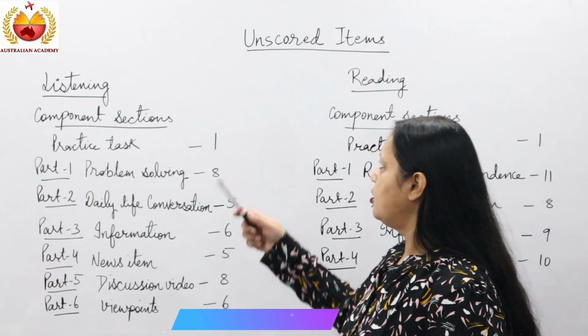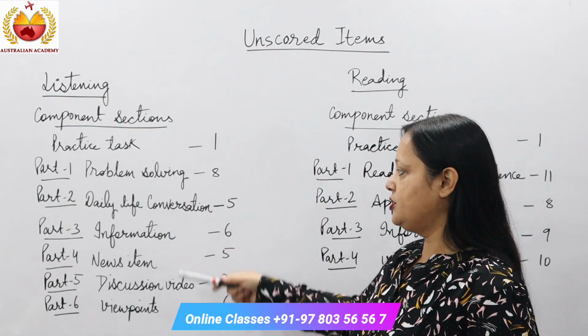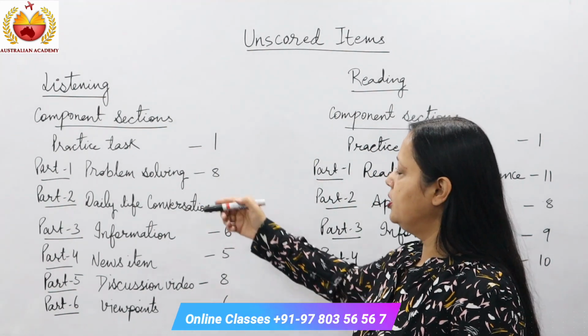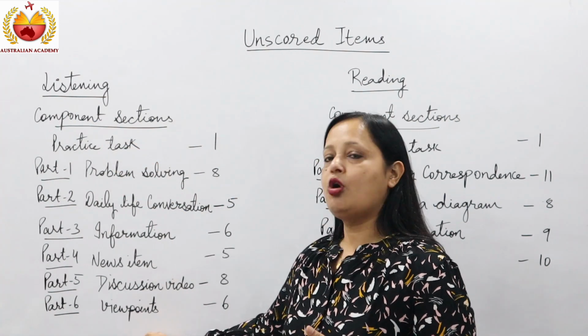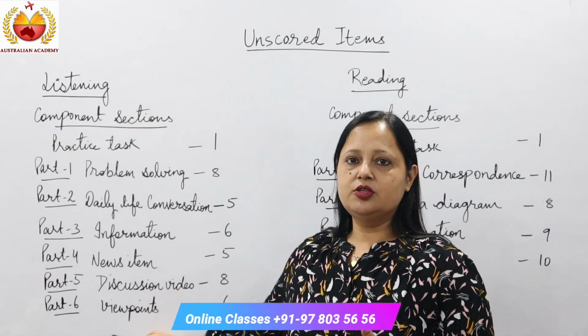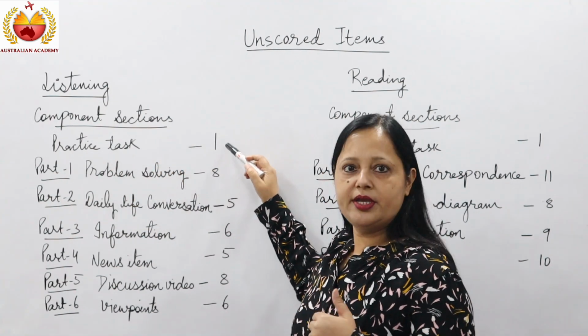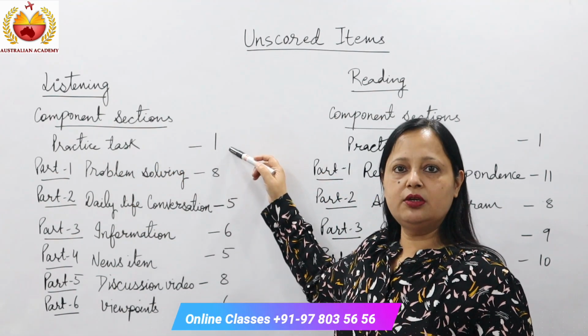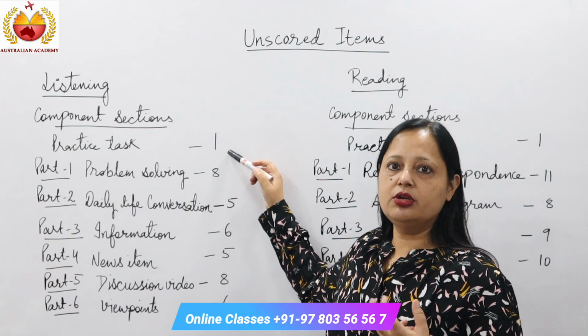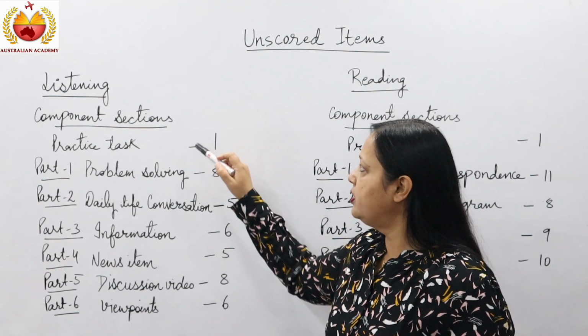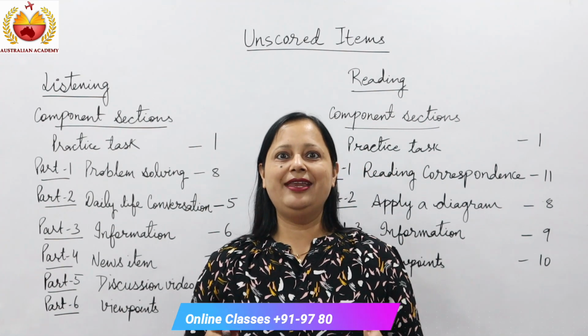So if I talk about unscored items, first I'll talk about listening. In listening, you know that you will be having 6 components in the real exam. In these 6 components, you have a practice task, that is only one question, and this one question is unscored. You are not going to get scores for it, and this one question always remains the same.